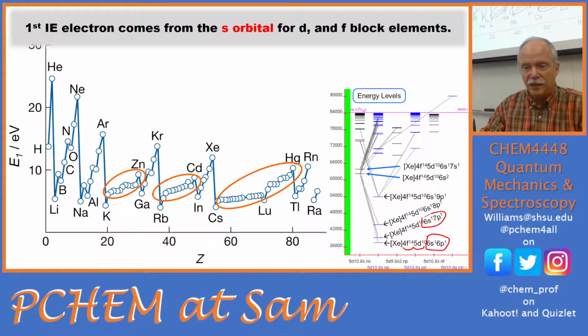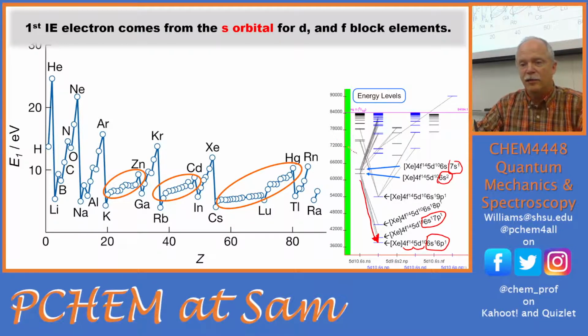We have an s electron hopping around in the p orbitals here, but then here's what we would say is the ground state configuration for mercury: 6s2, 5d10, 4f14, and those s electrons are the ones that are mobile. They can jump up to the 7s. They can jump into a p orbital, and in fact, putting it in the p orbital actually drops its energy. We wouldn't know that without going to the atomic spectral database and finding that out. But it's that electron that comes off.